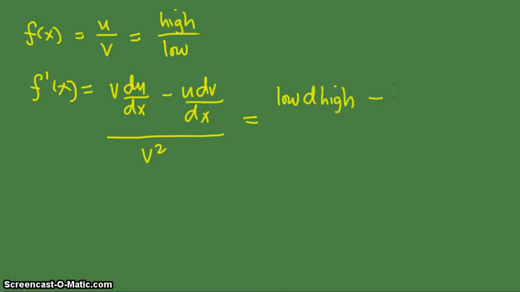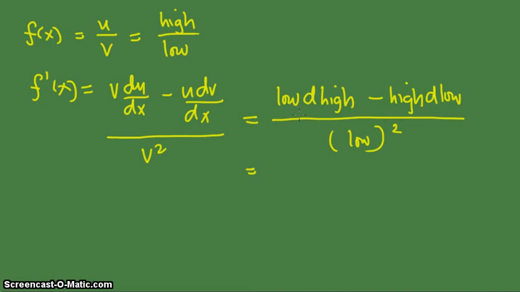Then minus high times the derivative of v, the derivative of low, so d low. Then all over low squared. With this, it will be easy to remember because all I have to do is recite: low d high minus high d low over low squared.